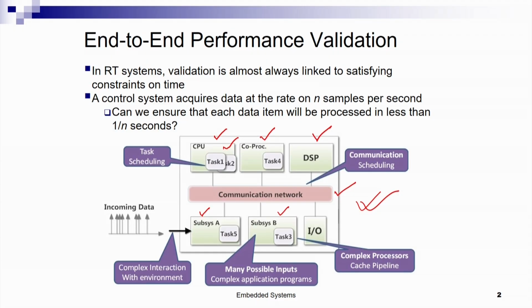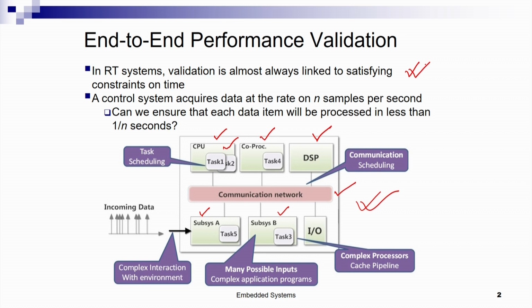So, sorry, what I wanted to mean is that, let us say the data comes at the rate of every 1 by n seconds, and then the output also has to be provided at the rate of 1 by n seconds. So, in real time embedded systems, validation of performance.